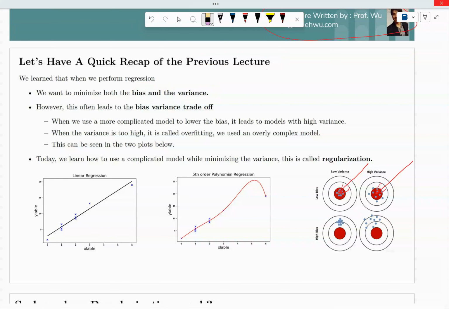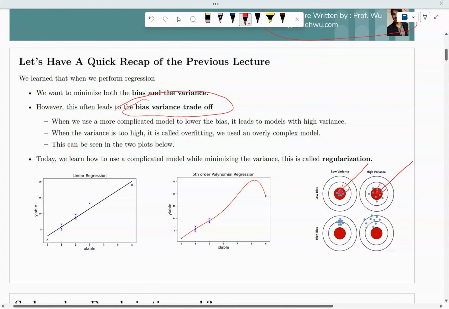And this led us into the idea of the bias variance trade off, where we are trying to improve our bias. Notice here, this line didn't do a very good job fitting this point. However, whenever we try to do a better job with a more complicated model like this one, we end up increasing the variation.